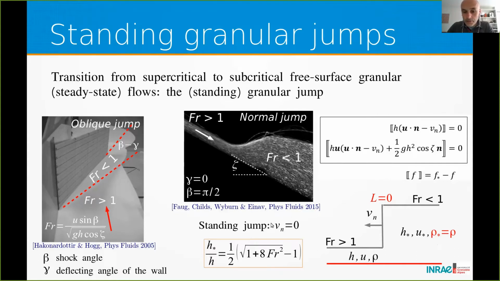And in the particular case where the jump is steady, when the propagating speed is 0, you get the very classical Bélanger equations that give you the jump height ratio, h star over h, as a function of the Froude number. Note that this kind of framework can be extended to deflecting walls when you have oblique jump formation, but I won't go into the detail of this particular oblique jump here. I'm more focused on the normal jump, when a flow impacts a wall that spans the width of the chute.